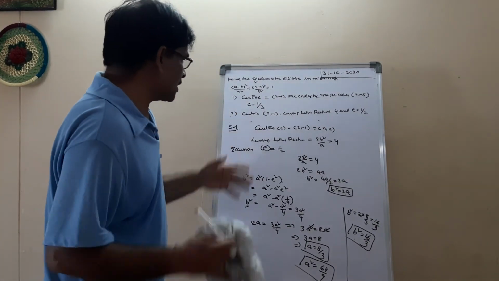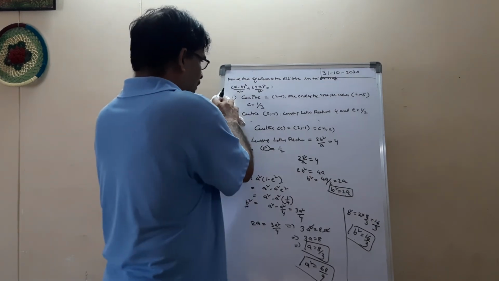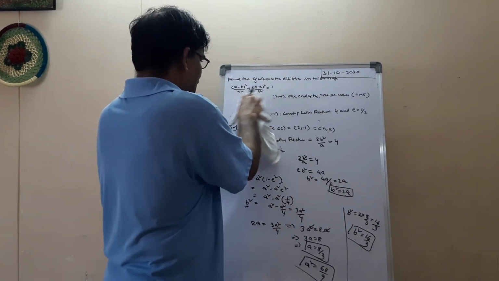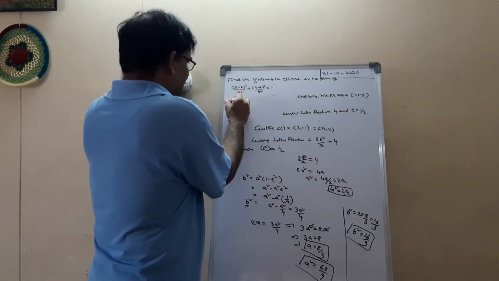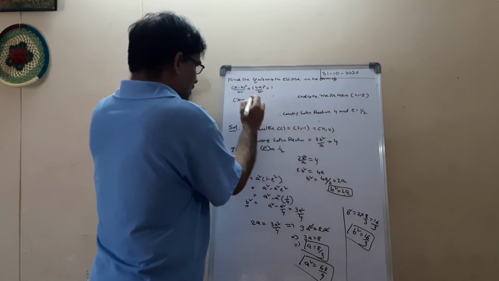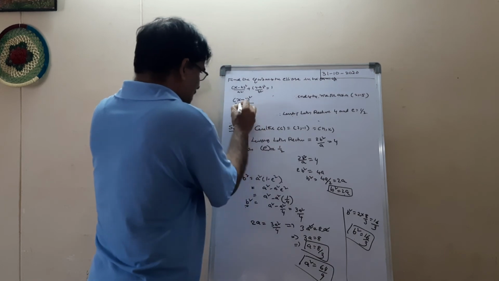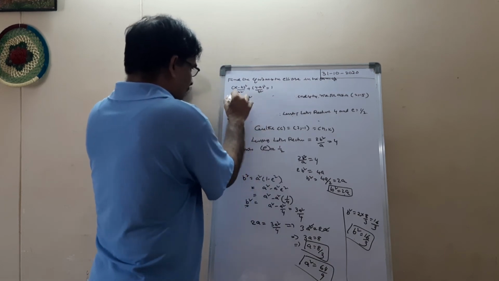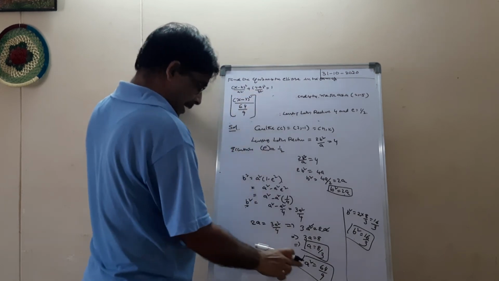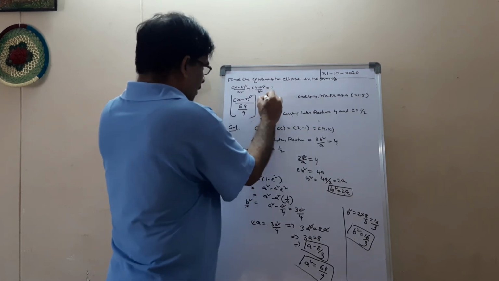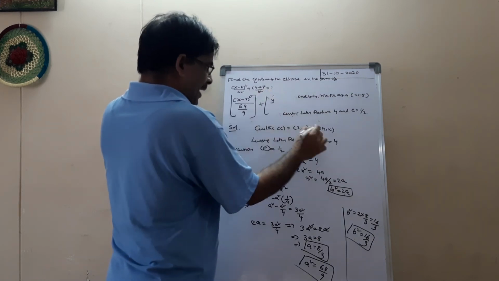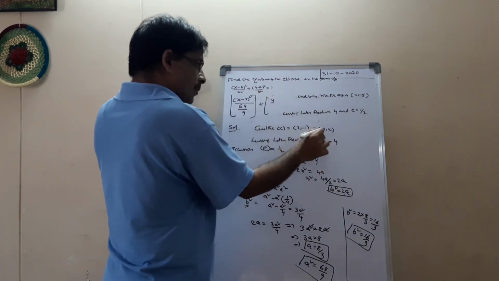You substitute these values in this required form. What is our ellipse? (x minus 2) whole square by a square, 64 by 9, plus (y minus k). What is our k here? Minus 1.